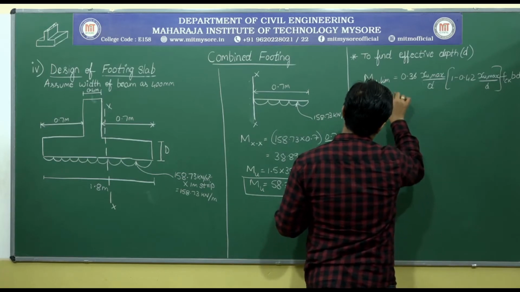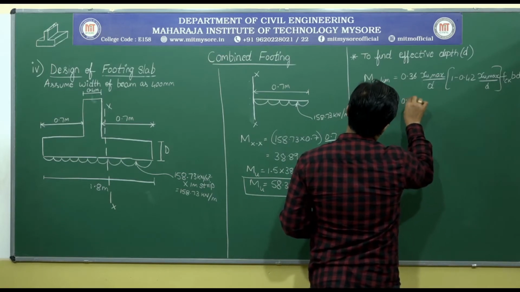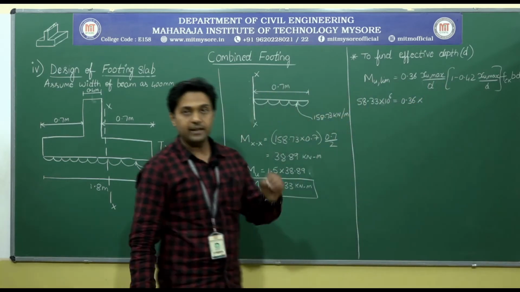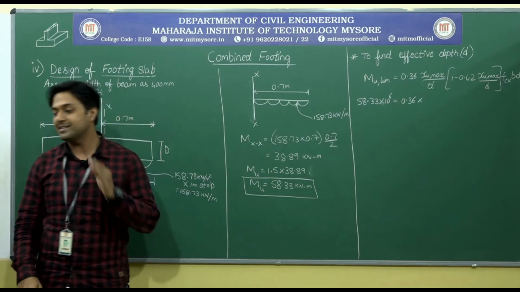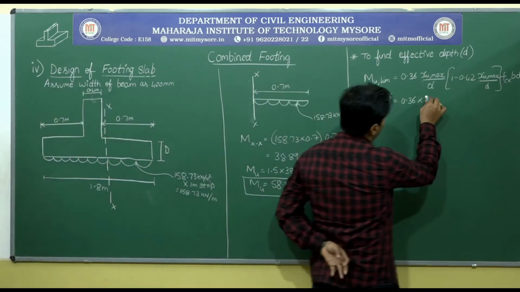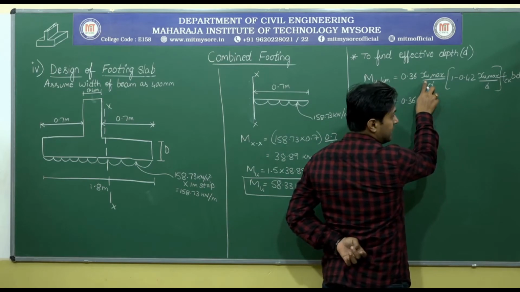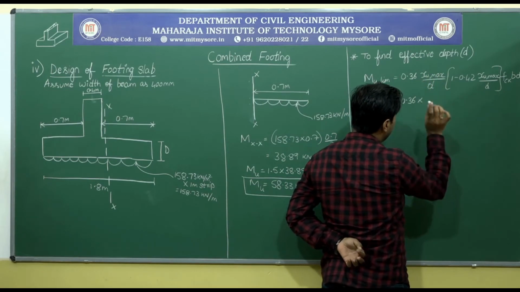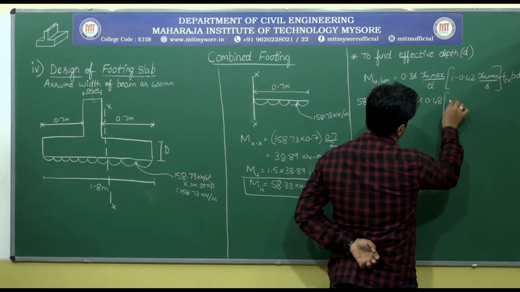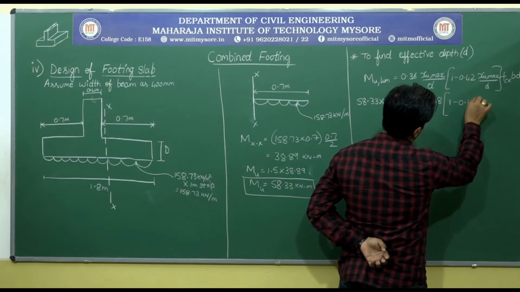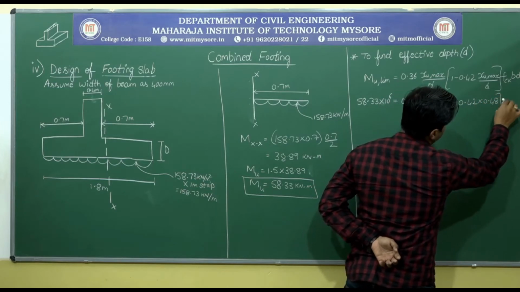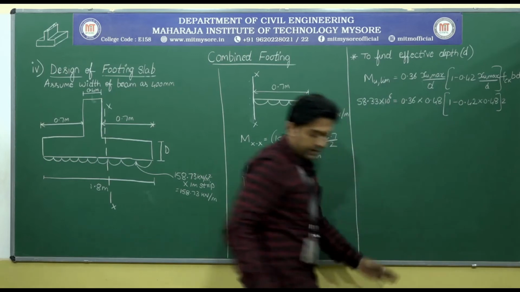So multiplied by 10 power 6 is equal to 0.36 into, so what is the grade of steel that they have given in the question? I think it is Fe415. Yes, it's Fe415. So for Fe415 grade steel, what is the value of XU max by D from IS 456? It is 0.48 into 1 minus 0.42 into 0.48 into FCK is 25 or 20, let me check it out.